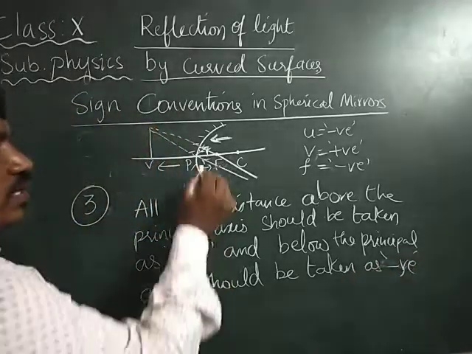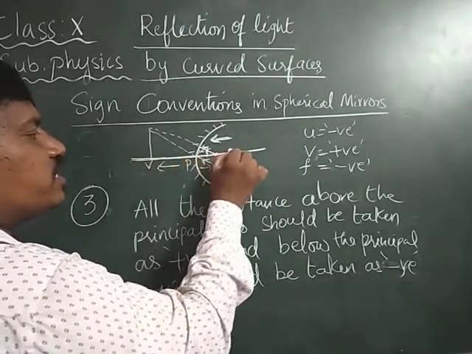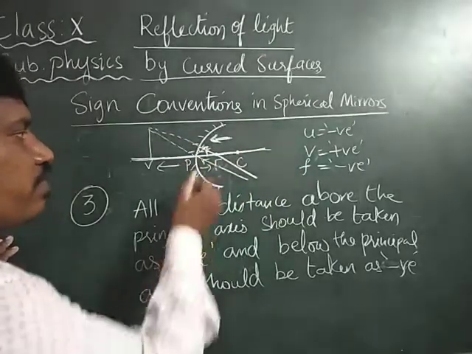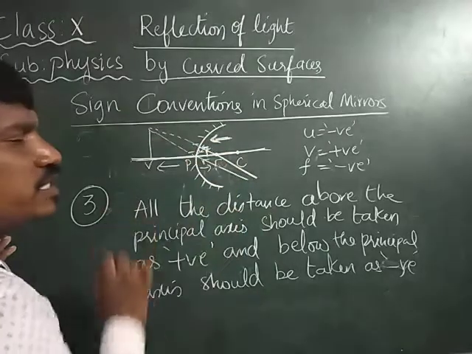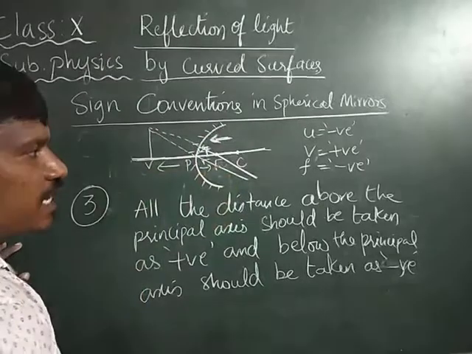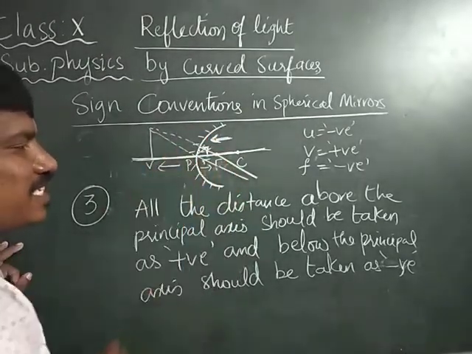What do you mean by this? This is the principal axis, the line passing through the pole and the center of curvature. If the object is above, it is positive. If the object is below, it is negative.